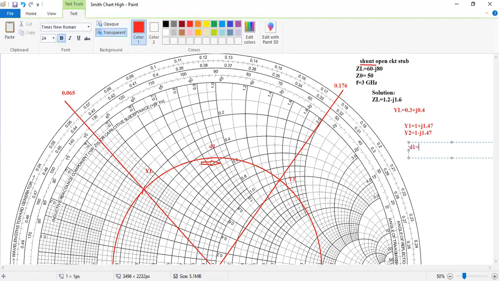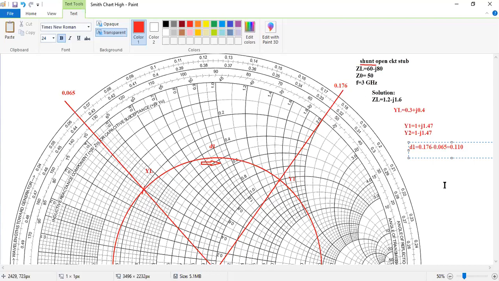So D1 equals 0.176 minus 0.065. Okay, equals, what is the difference here? 0.110. Am I right? Is it correct?